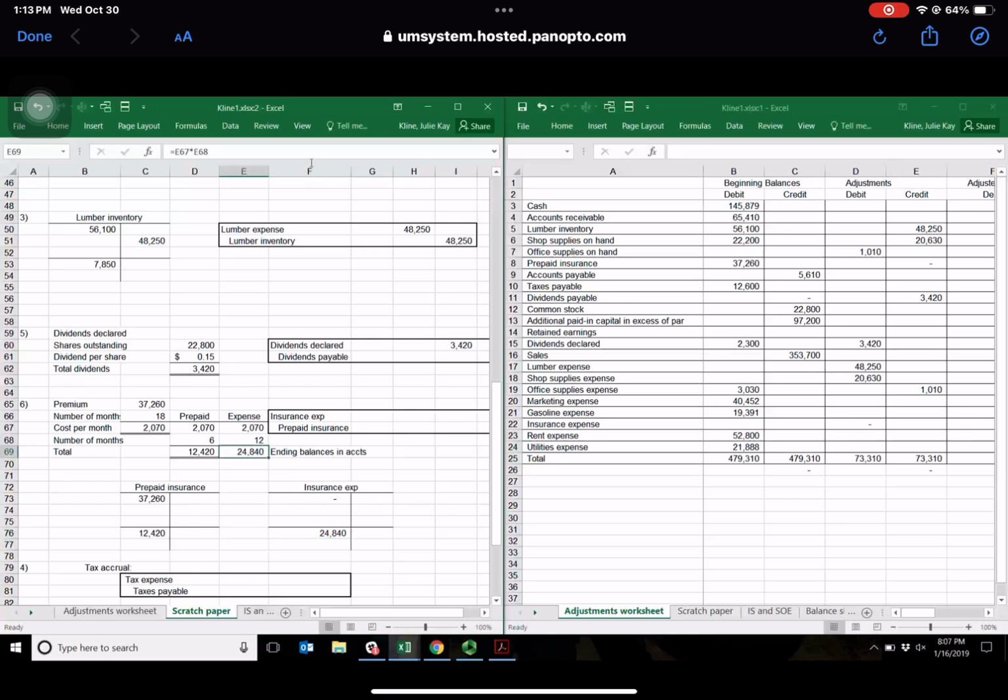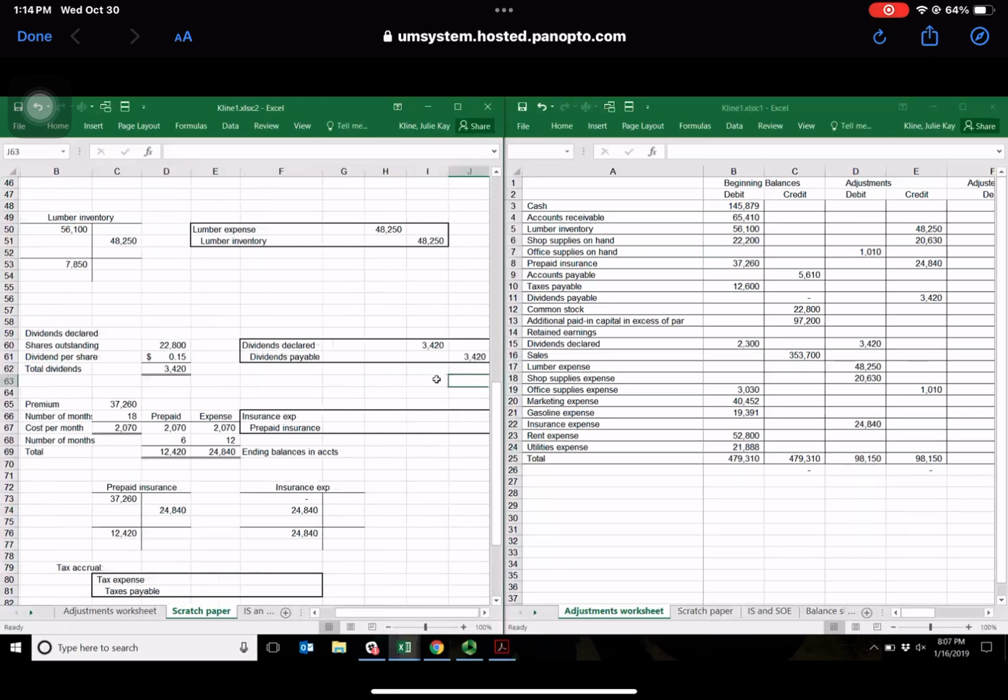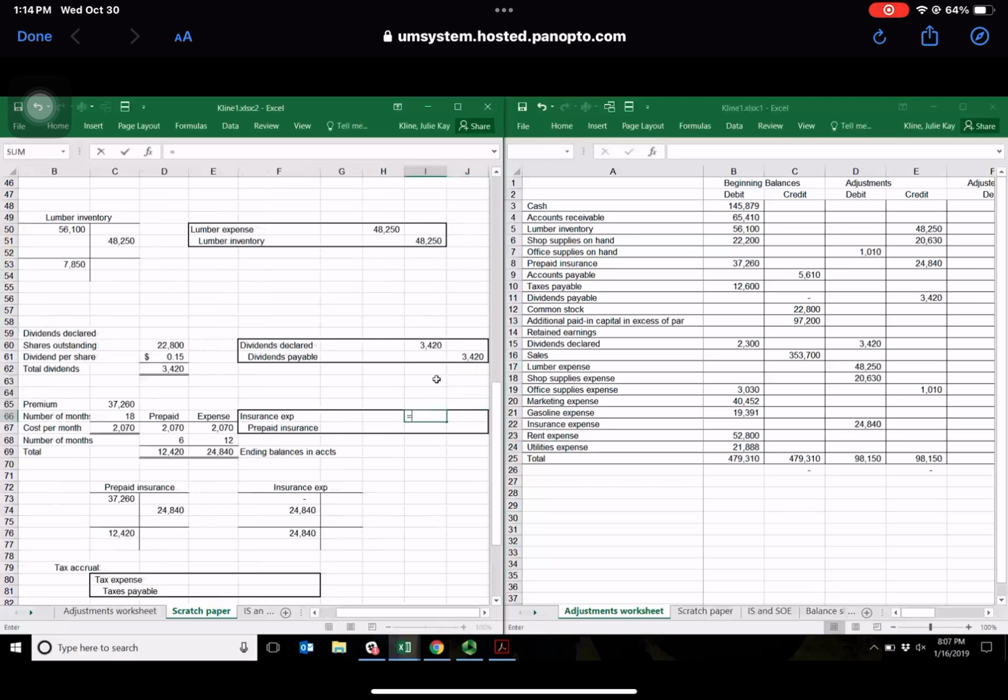So multiplying our per month by 12 months, we get an adjusting entry of 24,840, and that updates both accounts appropriately. So that's our entry. We journalize it, debit insurance expense, credit prepaid, and then that gets posted into our worksheet.